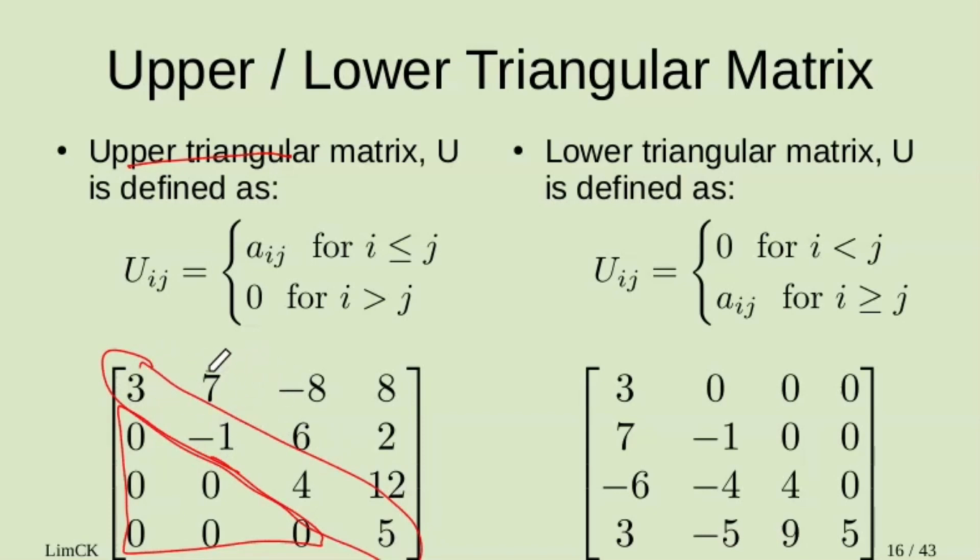The diagonal and the values above the diagonal are some values, at least not all 0, but the ones under the diagonal are all 0. Then this is the so-called upper triangular matrix. If it is the opposite, where every element above the diagonal is 0, then we call this a lower triangular matrix.